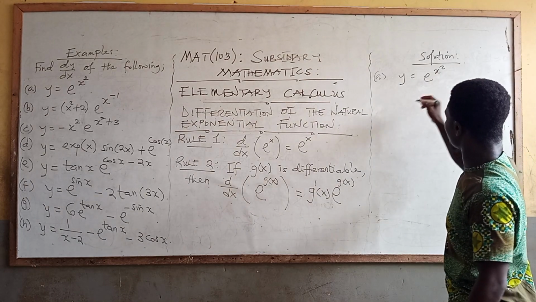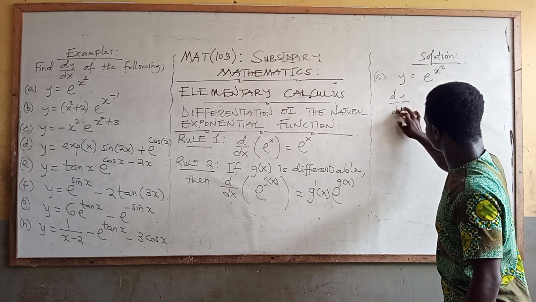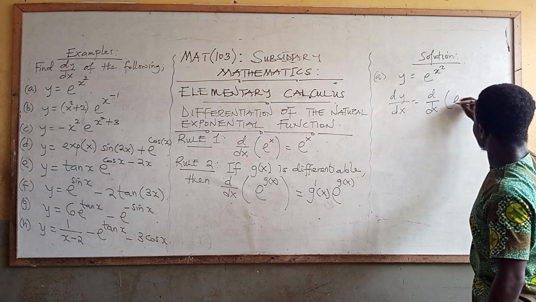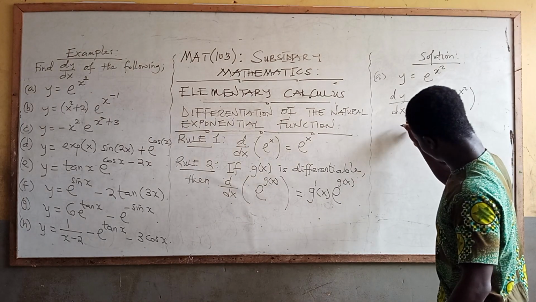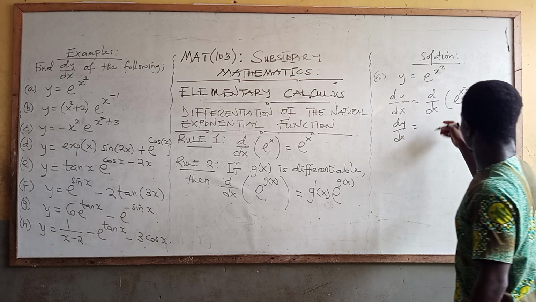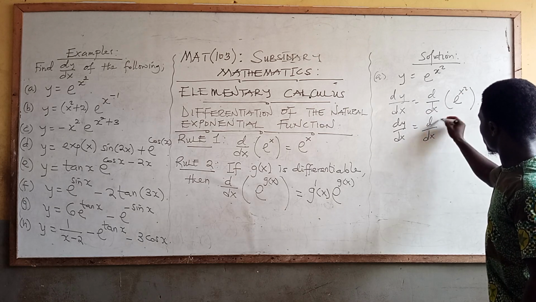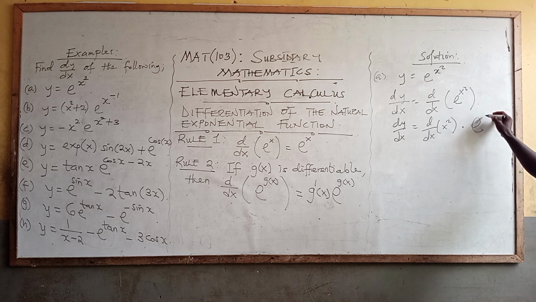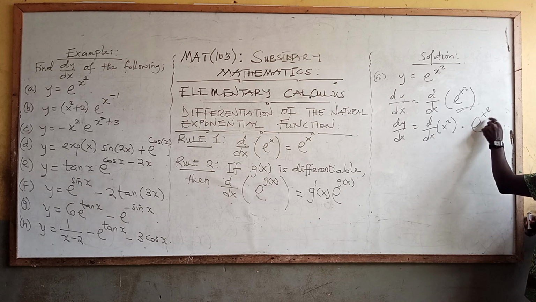So we have dy/dx equal to d/dx of x squared, and when we are done, we multiply it by our exponential function here, which is e to the x squared.